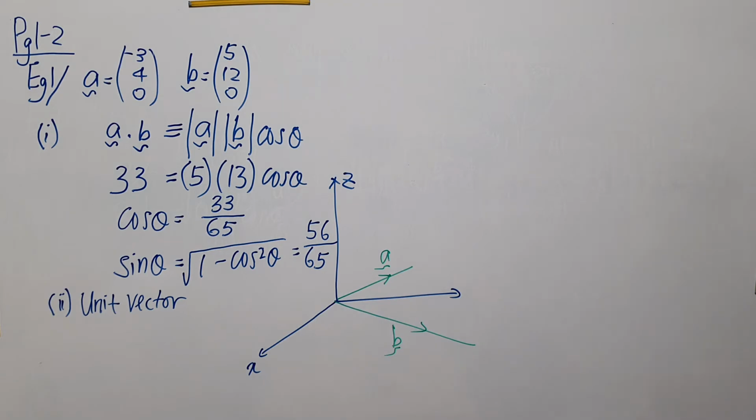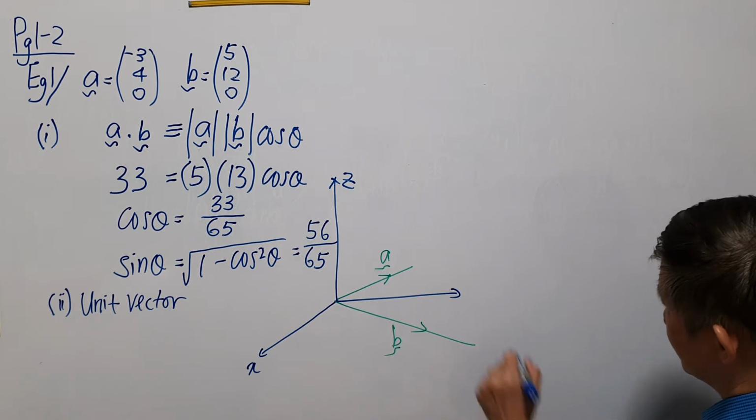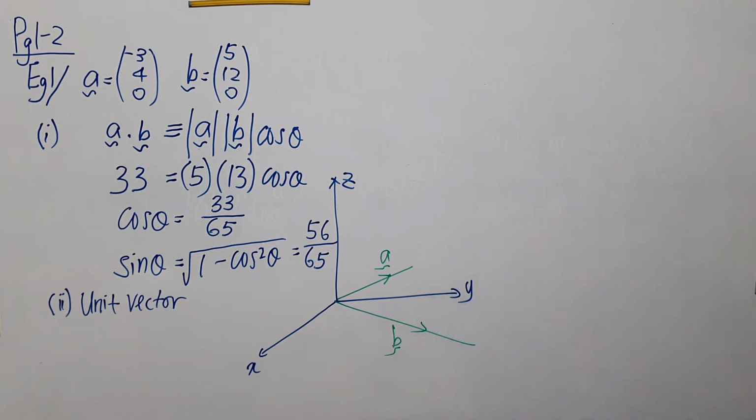You also want to realize that in this case, the vectors A and B actually lie on the xy plane. Just imagine the xy plane as a horizontal plane, and in this horizontal plane there are vectors A and B, and perpendicular to the xy plane is the z-axis.